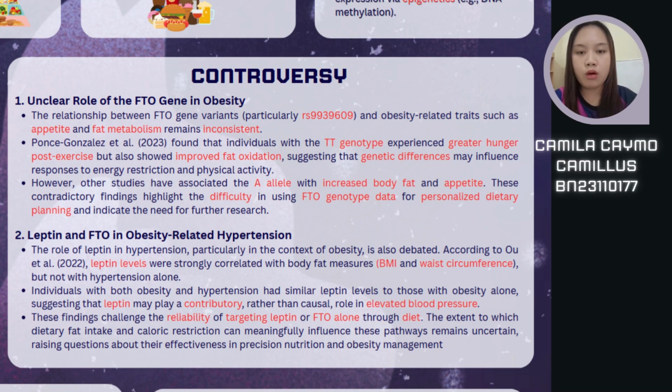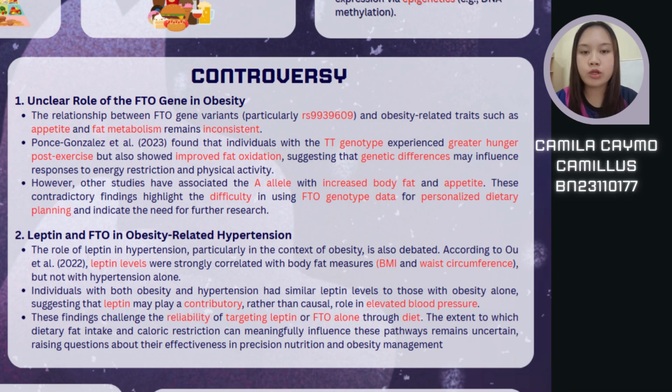Now, moving to leptin and its link with obesity-related hypertension. According to Au et al. in 2022, leptin levels are strongly associated with body fat, but not directly with high blood pressure.